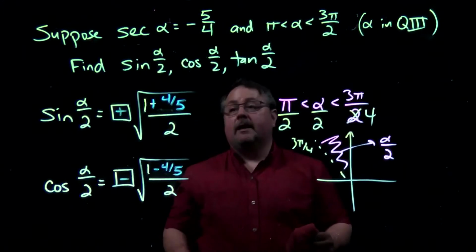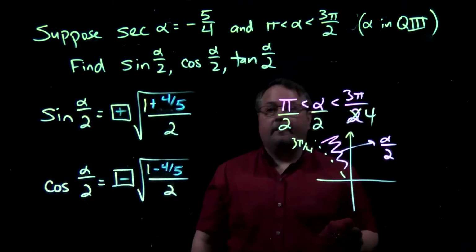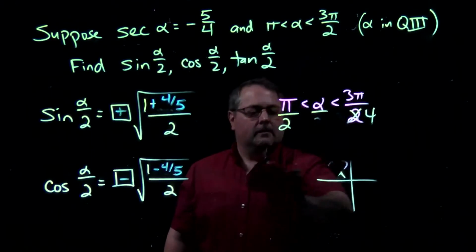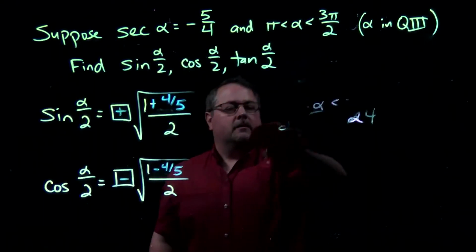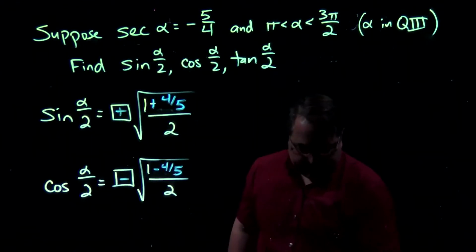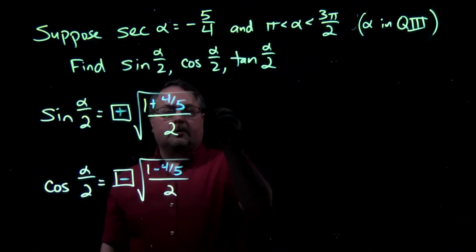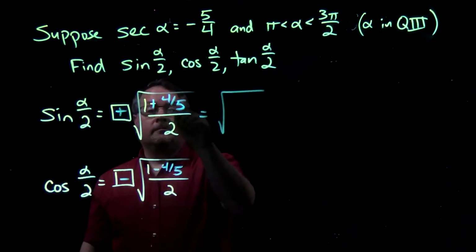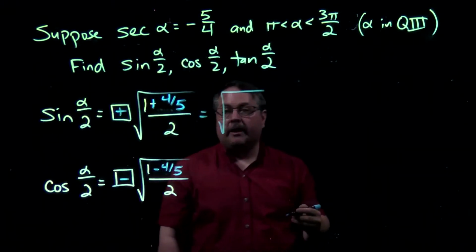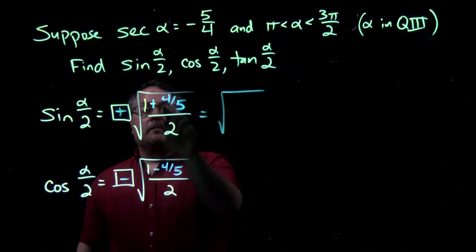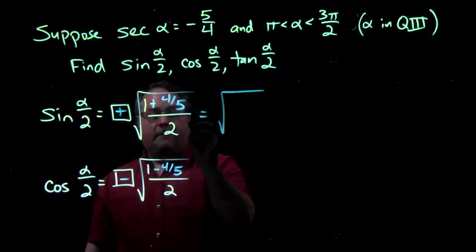So now we can just go ahead and continue to simplify. So when we do the sine of alpha over 2, that's going to be the positive square root of, and following the same example that we used last time, we can simplify this fraction by multiplying the top and bottom by 5.